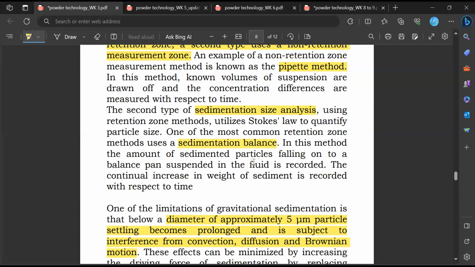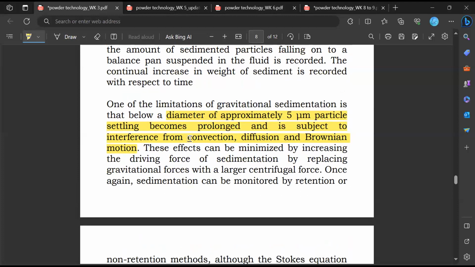What's done is that the amount of sedimented particles falling on a balance band, suspended in the fluid, is recorded. Here it's the weight of the sediment that is recorded, whereas in the previous pipette method, the concentration of the suspension is recorded with time.